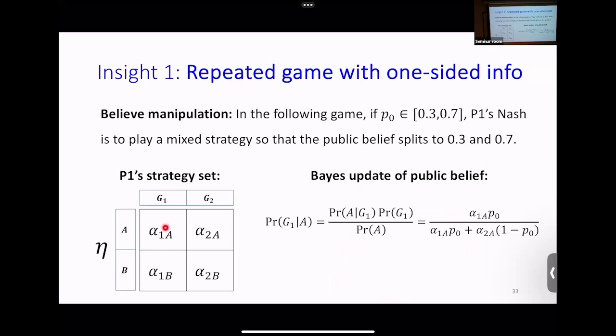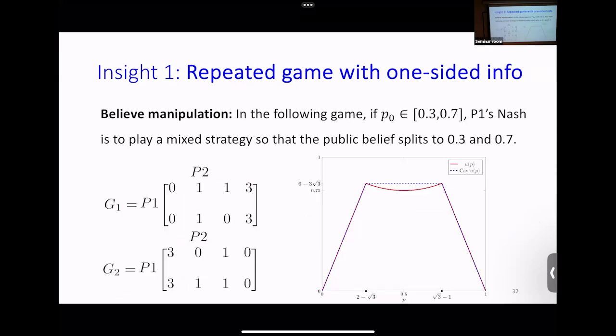Player 1 will craft a strategy, which will be these numbers: if the game being played is the first game, there are some probabilities, and if it's the second, there are other probabilities. You can compute exactly what these numbers are, so that by taking actions, player 2 will switch to this belief or to the other belief if player 2 follows Bayes' rule to update his belief.